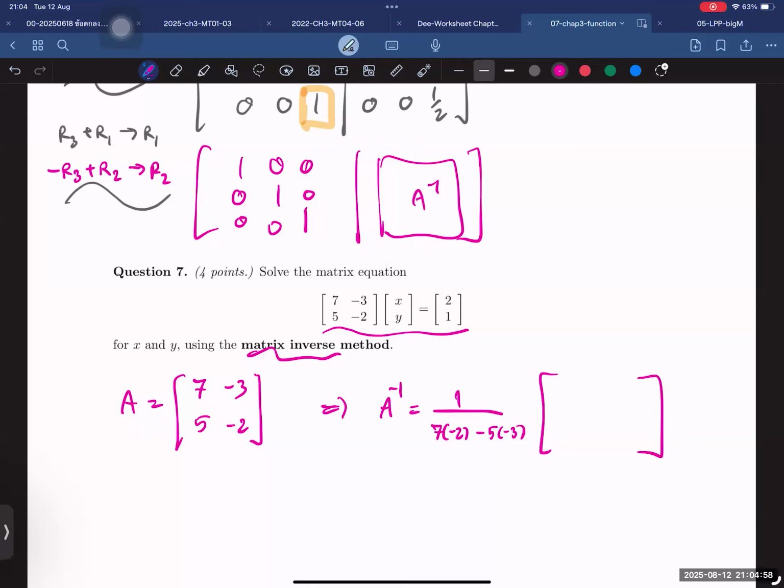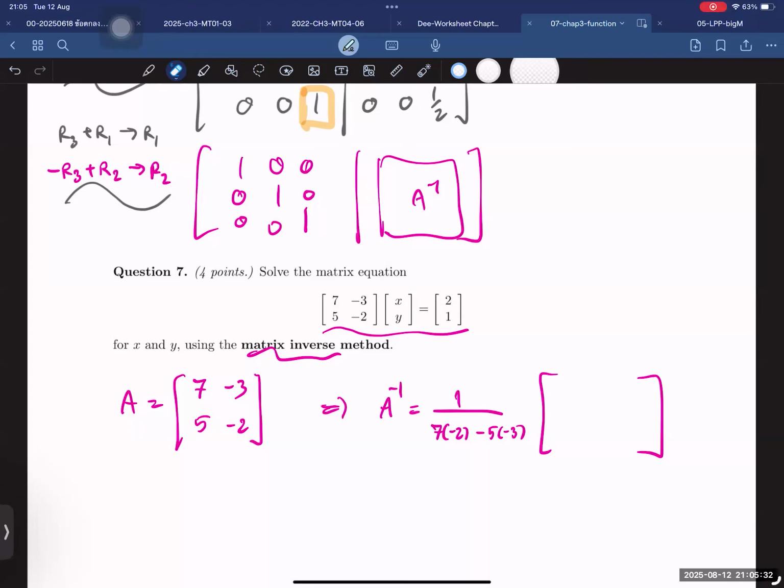We just switch, interchange the numbers, right? It's interchange the orders along the diagonal.